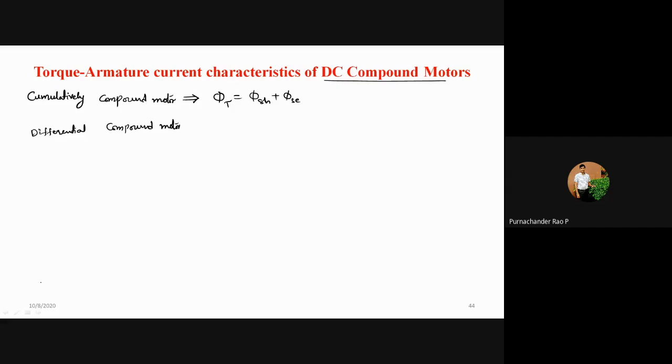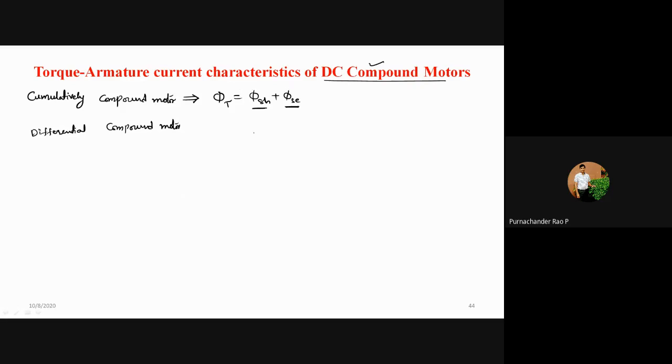The characteristics of these compound motors depend on the characteristics of the shunt motor or series motor, because whichever flux is dominating in a particular machine, the characteristics of that compound motor will have the shape of the shunt motor or series motor.